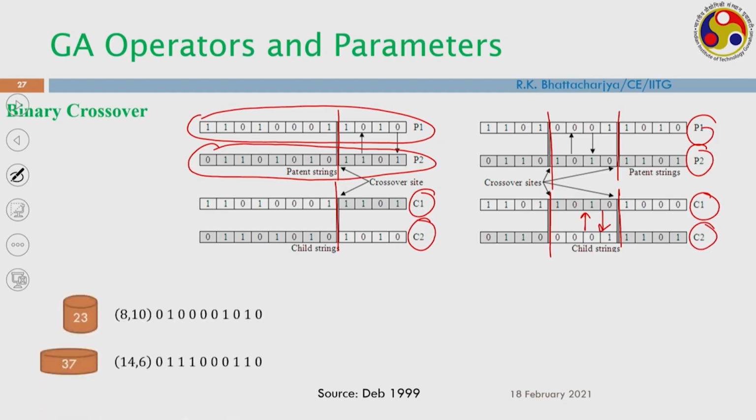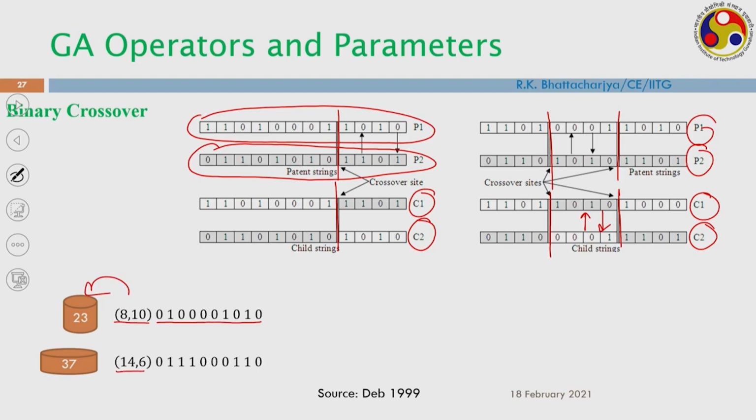Let us take this example problem, the can design problem. So, this is one solution, 8, 10, and if I encode this solution, I will get 0, 1, 0, 0, 0, 0, 1, 0, 1, 0. This represents 8 and 10, and the corresponding cost value is 23. Now, there is another solution, that is 14, 6.